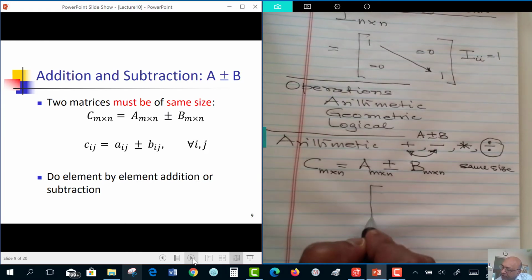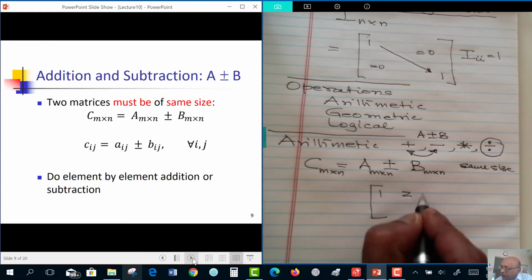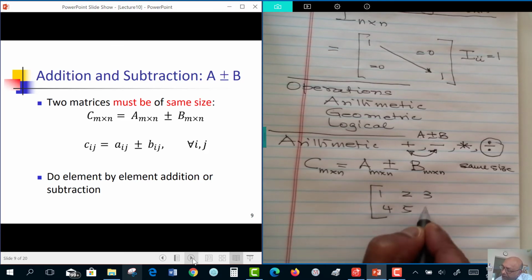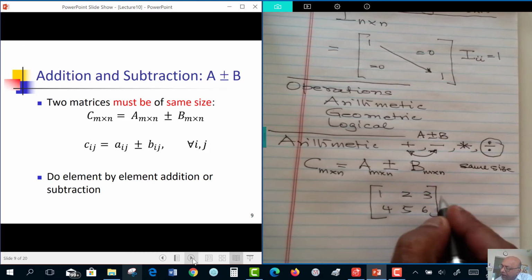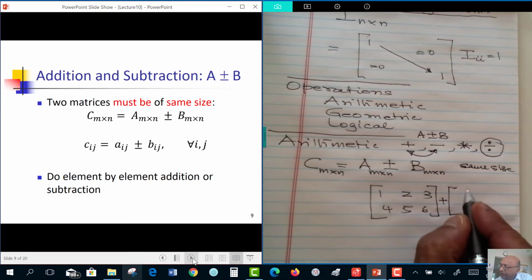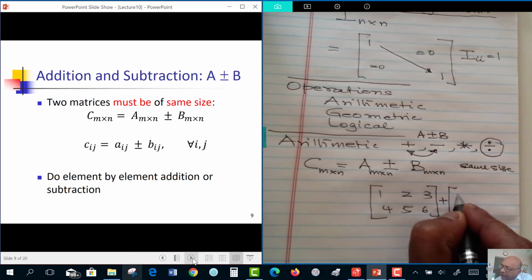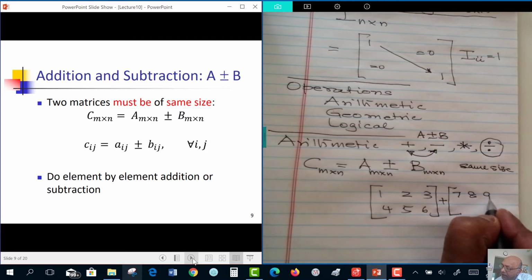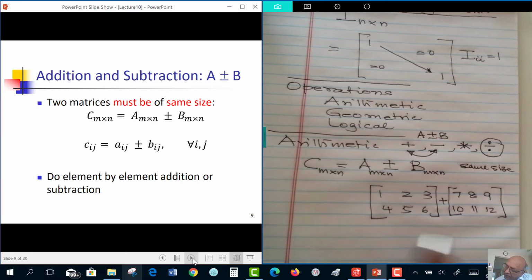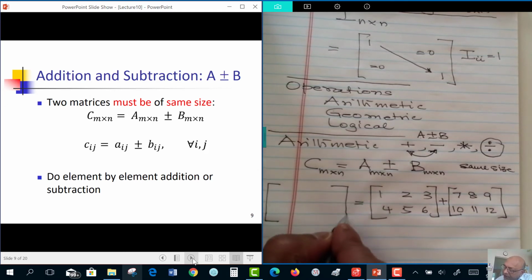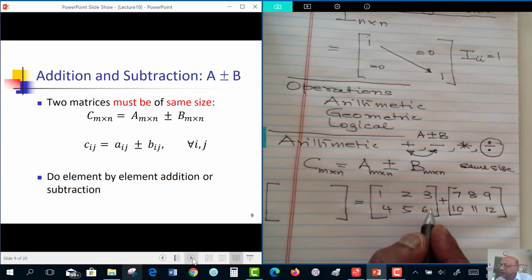Suppose we have a matrix 1, 2, 3, 4, 5, 6, and we add, let's say, 7, 8, 9, 10, 11, 12. Our result would be, of course, the same size, 2 rows, 3 columns.